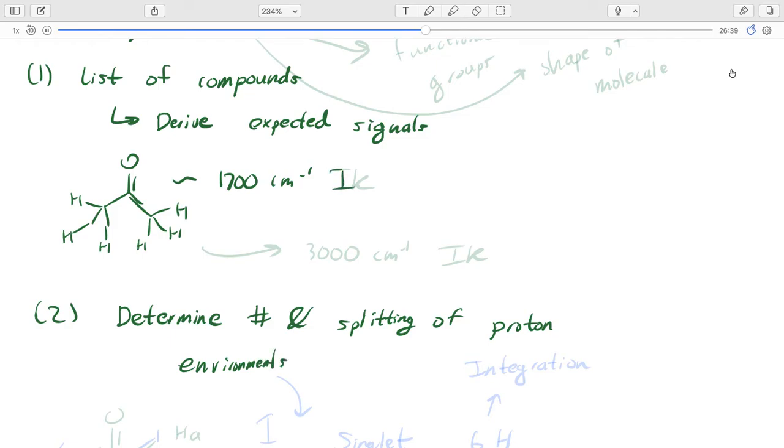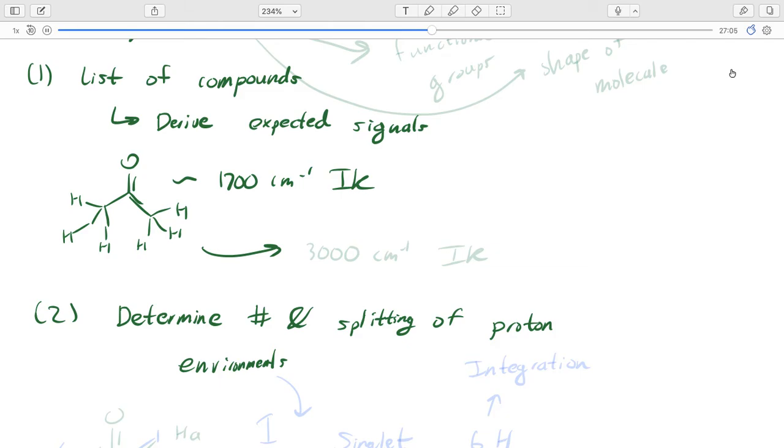So that's on the IR, and then on the NMR, oh wait, this one still has a signal on the IR too. What is it? It's a CH bond. So I'm going to say we're going to expect something around 3000.